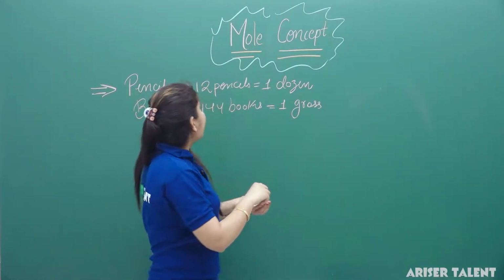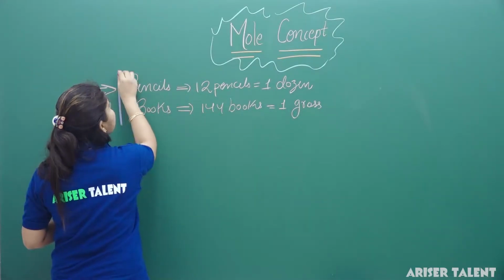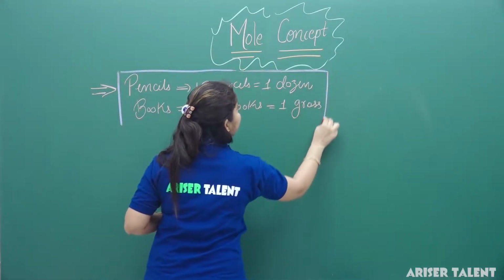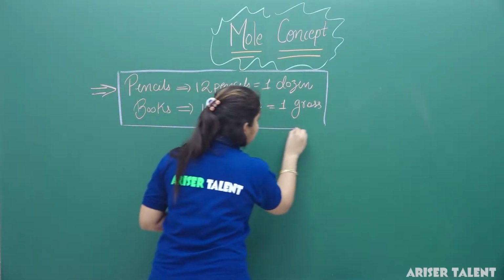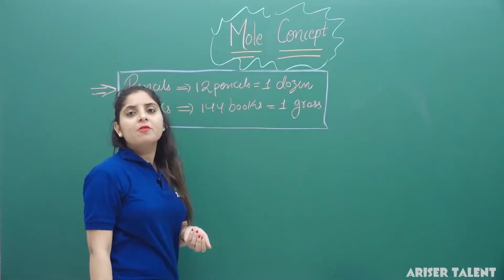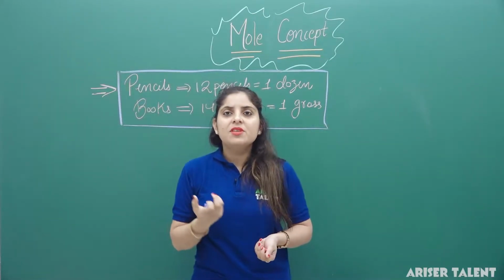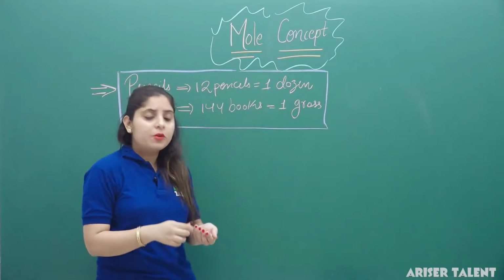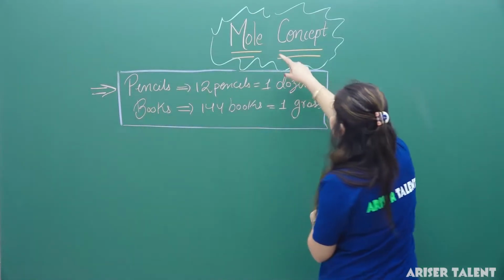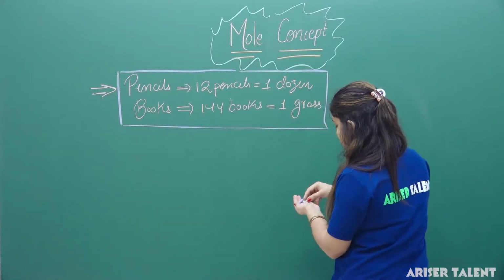So, this is actually the units for counting something. We always need a unit to count something. So, similarly in our chemistry, if we want to calculate atoms, ions and molecules, we also need to define a unit. So, this unit is known as mole.